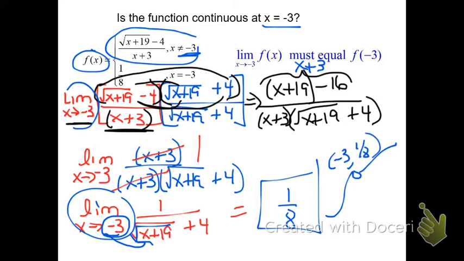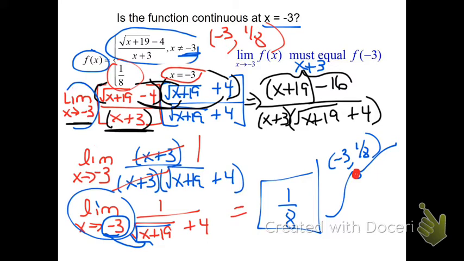So by itself right now, it wouldn't be continuous, but behind all my writing down here, in there we have a straight point. The straight point has coordinates negative 3, comma 1/8. So does that straight point fill in my hole?